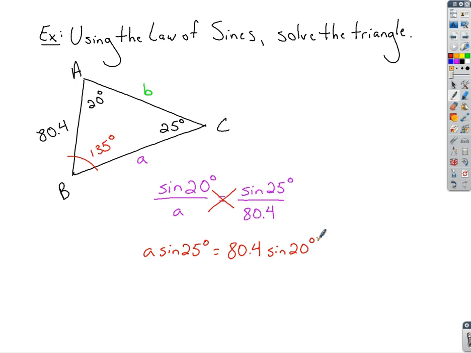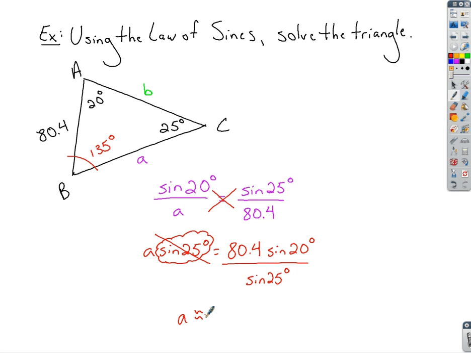Trying to get a by itself, well, this sine of 25 is just a value. I'm going to divide that over to the other side. I divide that over, that gives me a. It'll be an approximation here because we're going to have to use the calculators. Got to make sure the calculators are set on a degree setting also.